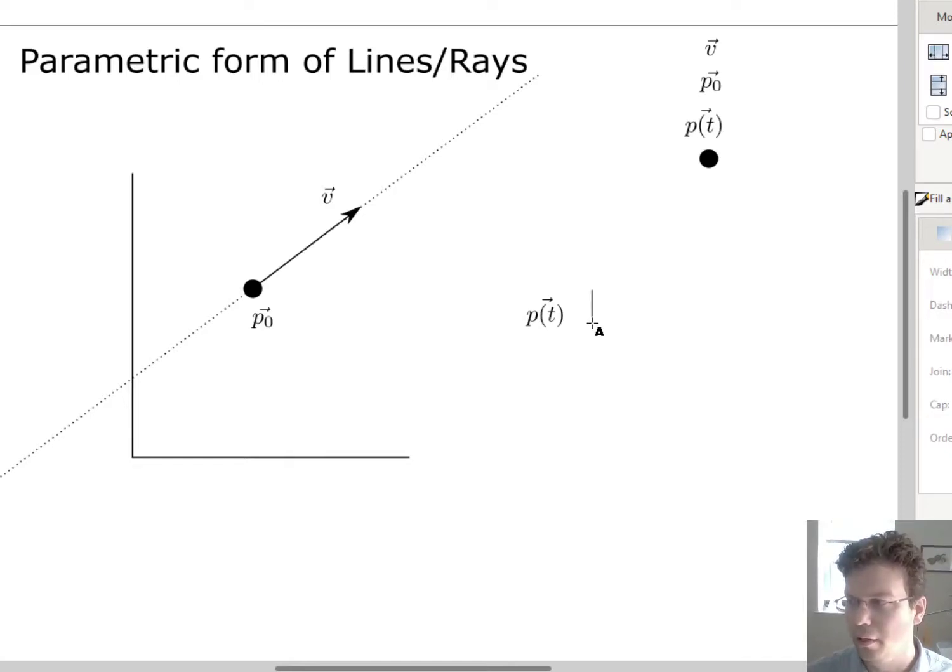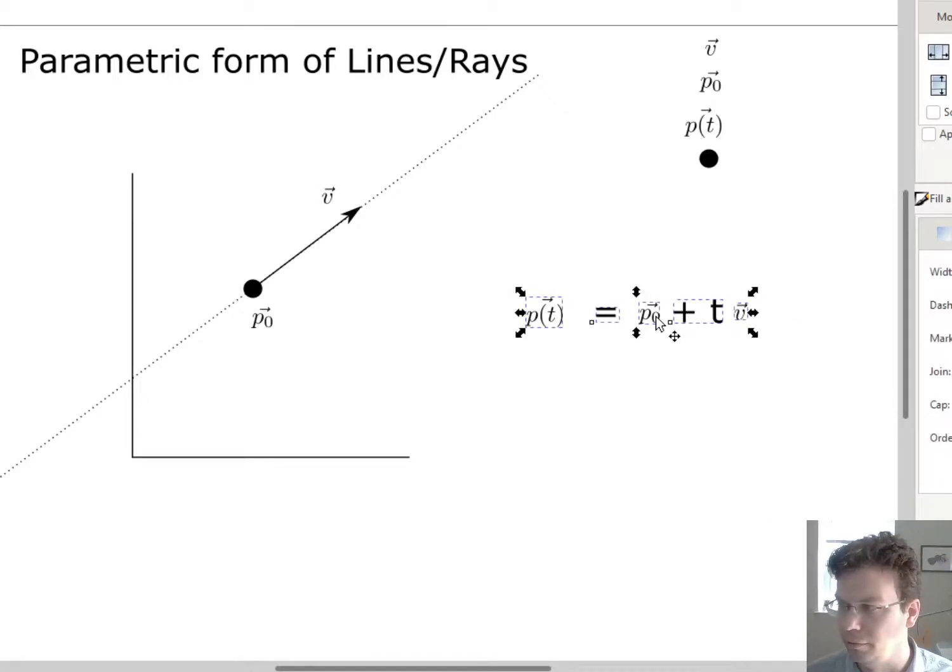So I'll say P of T is equal to, okay, so we're going to start at our initial point on the line. And then what we're going to do is we're going to walk along this direction. And that can be expressed as our parameter T as a scalar multiple in front of the direction V.